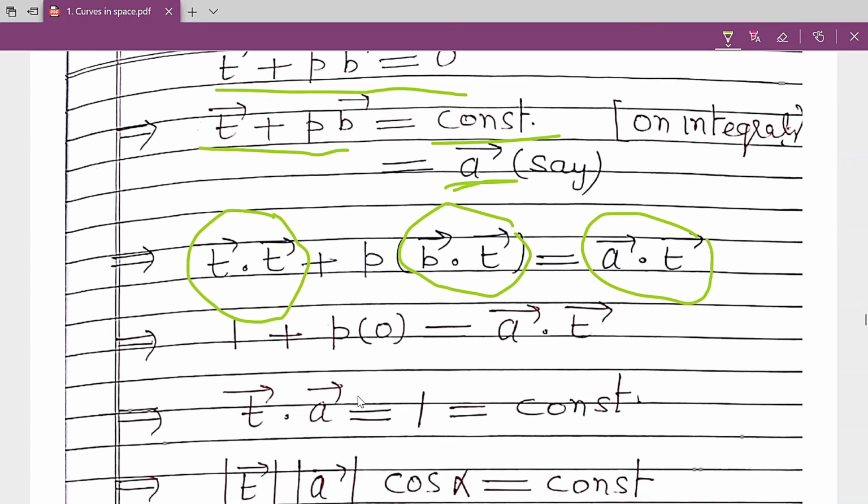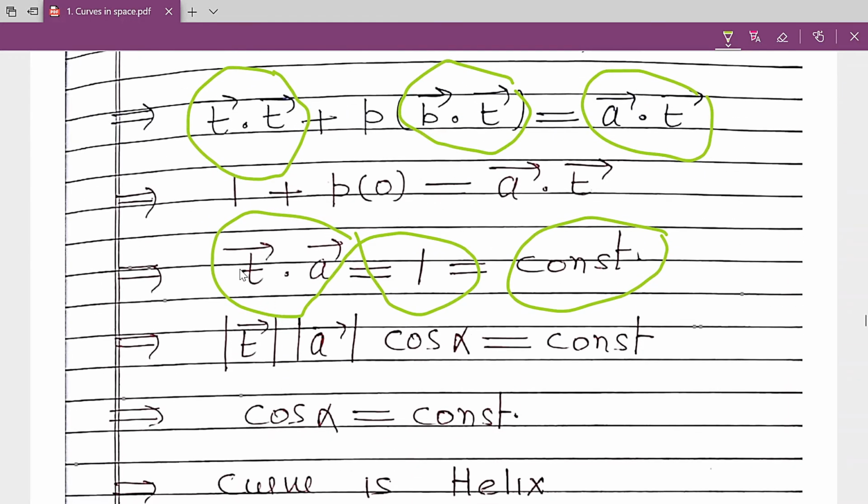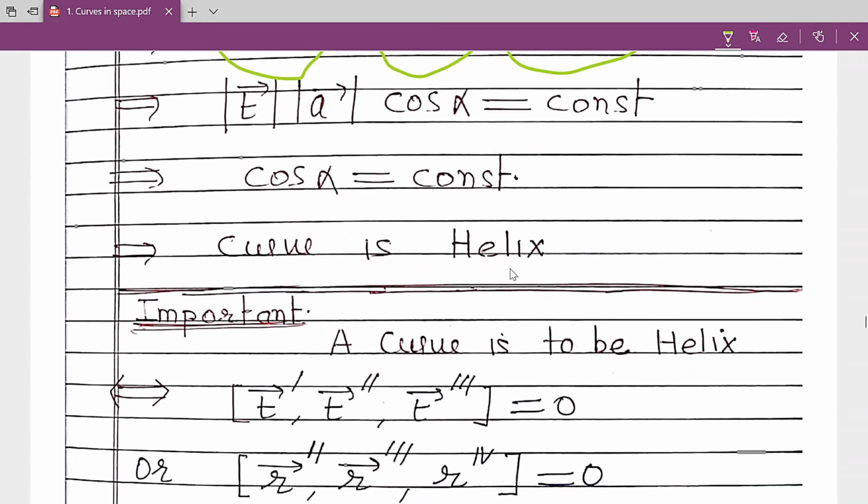Clear? So t dot a is equal to 1, a constant value. So the angle between the tangent to the curve and the axis of the cylinder is a constant. If it is a constant, then by definition the curve is a helix.